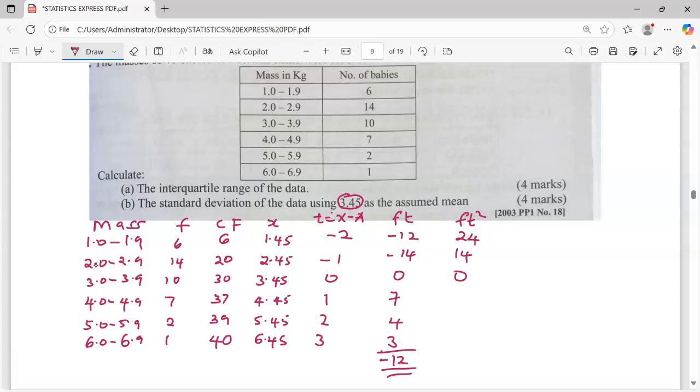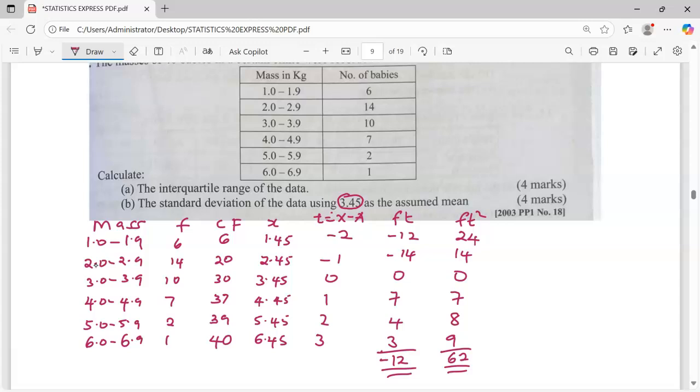The next one is 1 squared times 7. You get 7. The next t is 2. 2 squared is 4. 4 times 2 you get 8. And lastly we are going to have t, which is 3. 3 squared you get 9. 9 times 1, this one will give us 9. And the summation of ft squared will be 62.